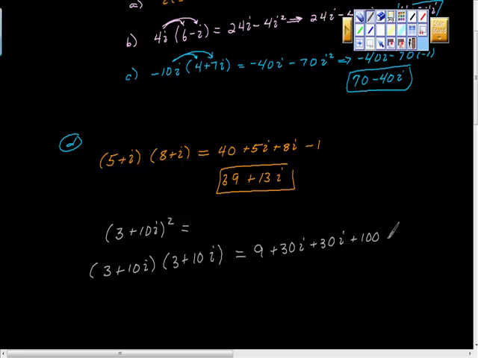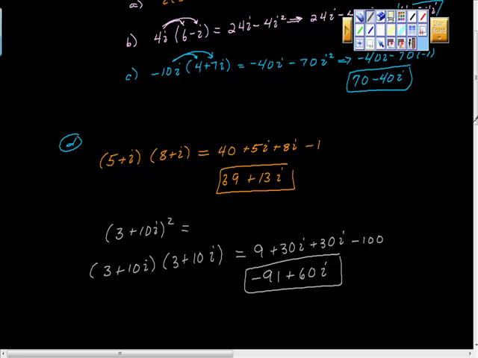Negative 1, and what's 100 times negative 1? Negative 100. Is that all right? And then what am I going to do with this and this? What does this turn into here? Negative. Good job. Negative 91. So negative 91 plus what? Plus 60i is the final answer here. Is that all right?